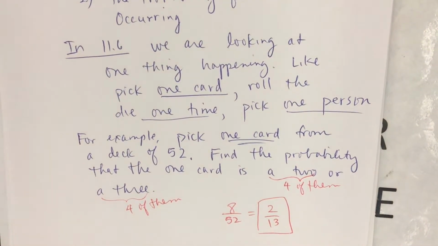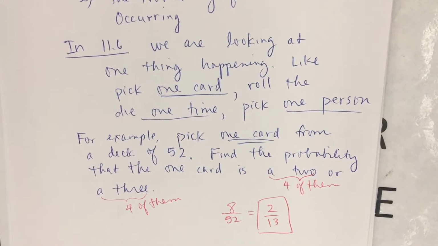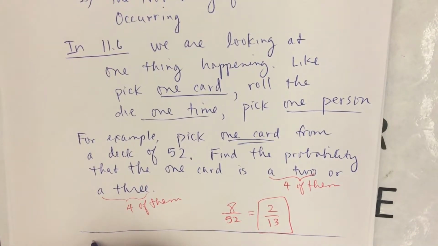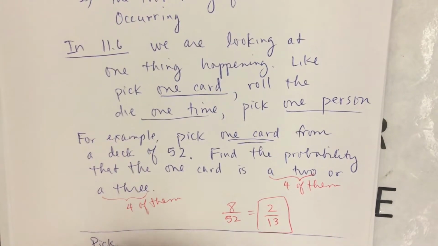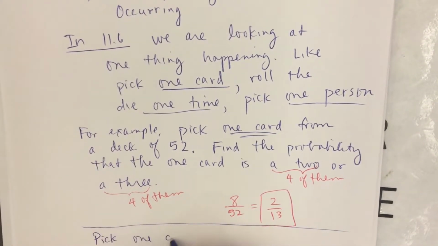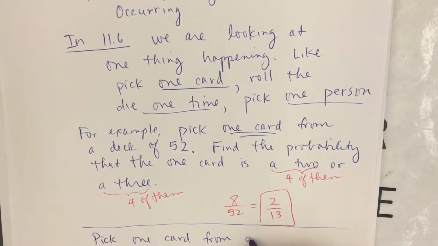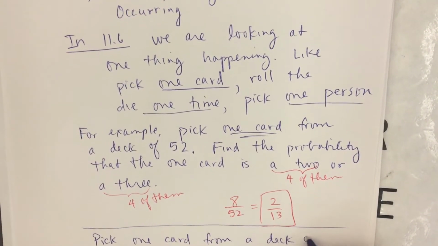Now, there's another type of this or that problem. So it's something like this. So when I say kind of there's two subsets of the this or that, here's another example. Pick one card from a deck of 52.